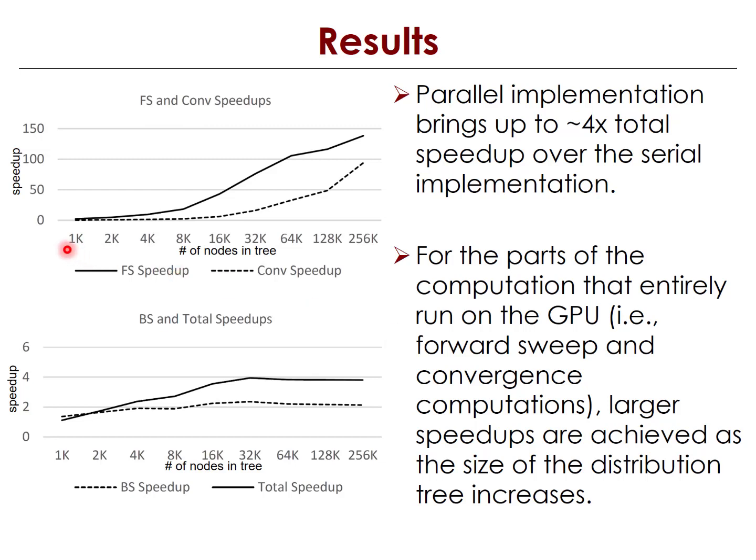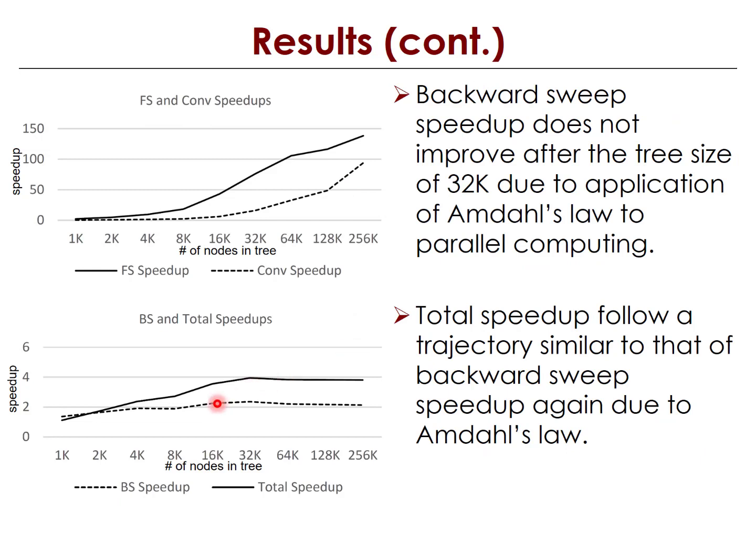As shown here, as the number of nodes in the tree increases, the speed ups of both forward sweep and convergence computations also increase.